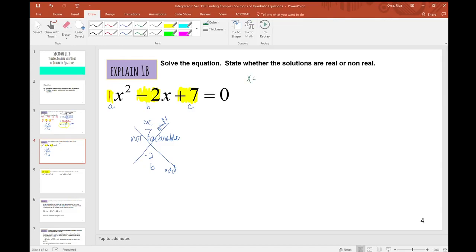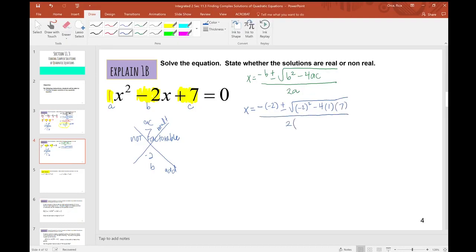So x equals negative b plus or minus the square root of b squared minus 4ac all over 2a. Let's plug our values in. X equals negative b is negative 2, plus or minus the square root of negative 2 squared minus 4, a is 1, c is 7, all over 2 times a, which is 1.